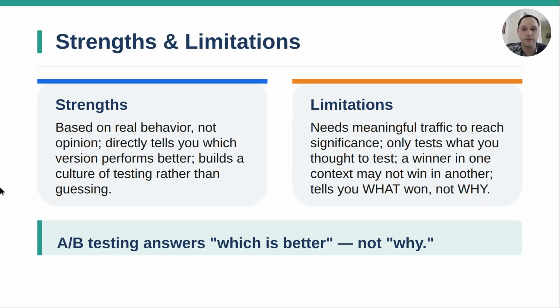It needs meaningful traffic to reach significance, so low-volume businesses can struggle. It only tests what you thought to test. You won't discover something you didn't think to try. A winner in one context might lose in another. And critically, A/B testing tells you what won, not why. For the why, you still need your other research tools.